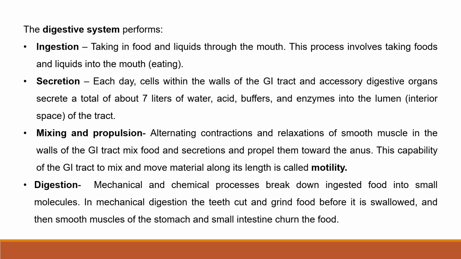So here we can see the ingestion. Ingestion is the first function of the digestive system. So we are taking food and liquids through the mouth, and there will be digestive enzymes like amylase, which is present in the salivary glands. While eating, the food will enter the stomach. The second function is secretion.